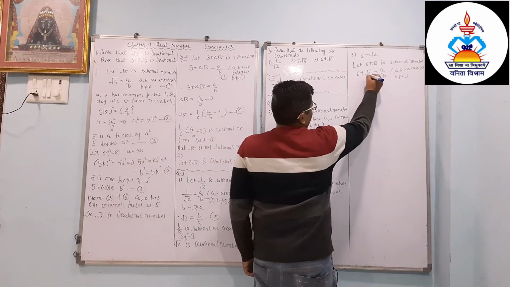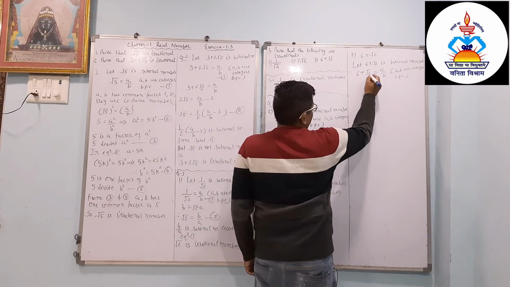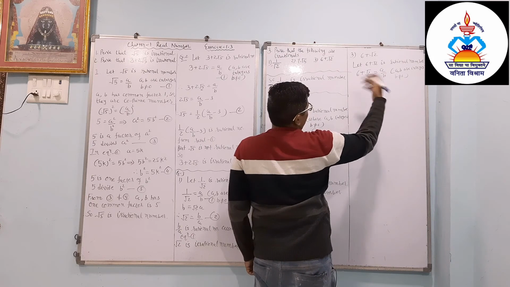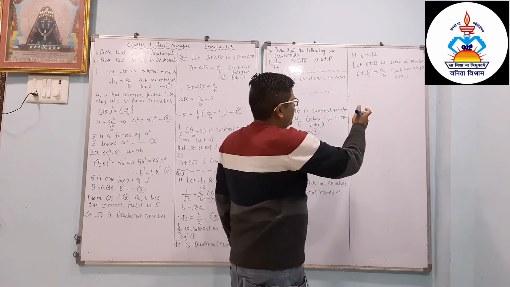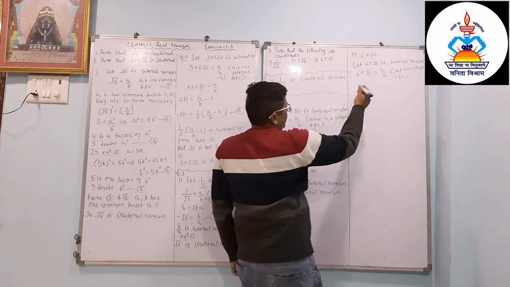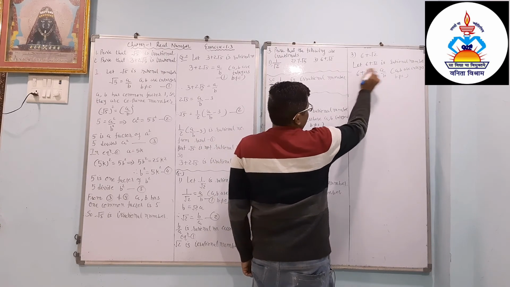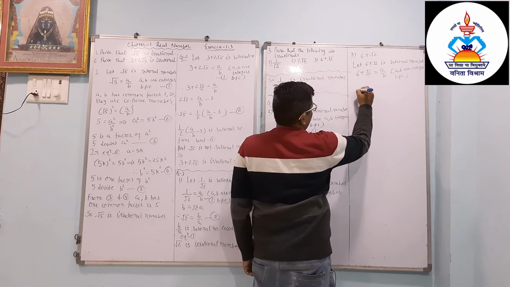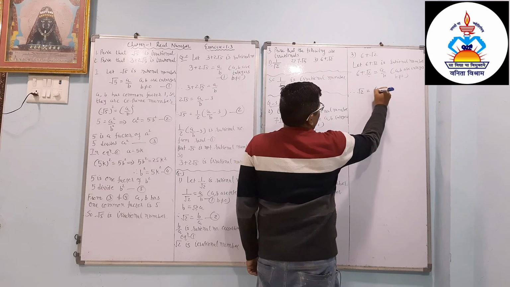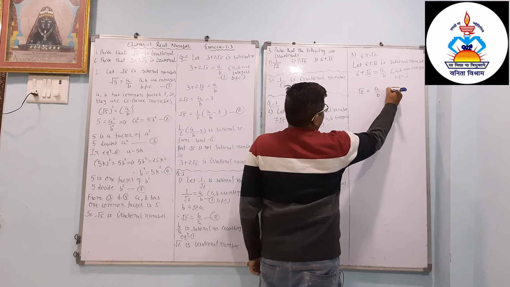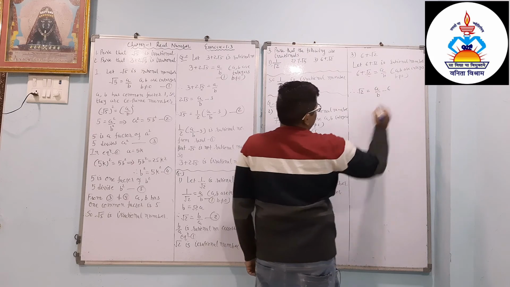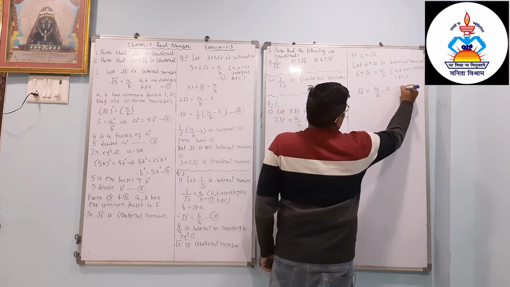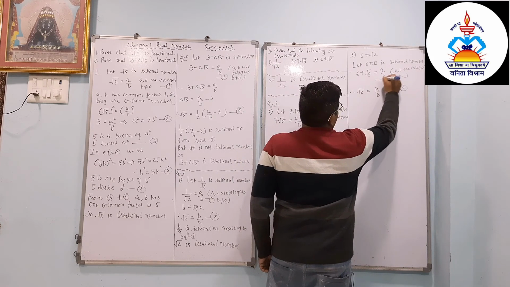Here we will concentrate on root 2, because root 2 is an irrational number. So ultimately we can easily prove that the given number is irrational. We will change the side of 6. Therefore we can write root 2 equals a divided by b minus 6. This is result number 2, and this is result number 1.